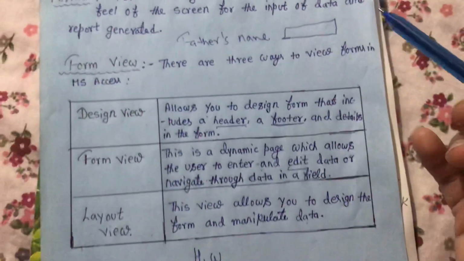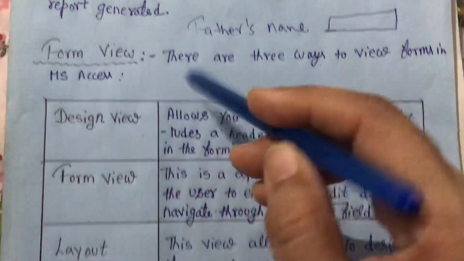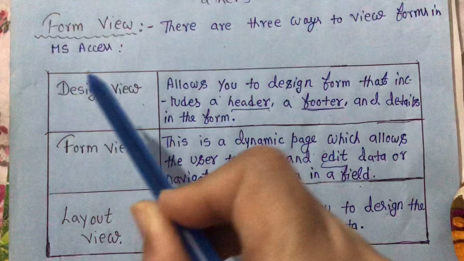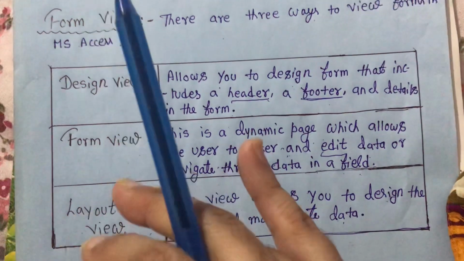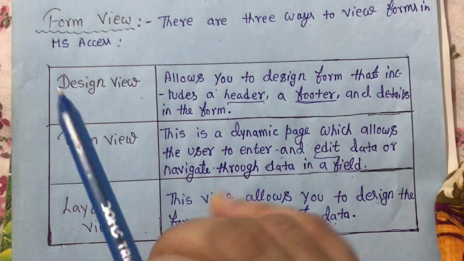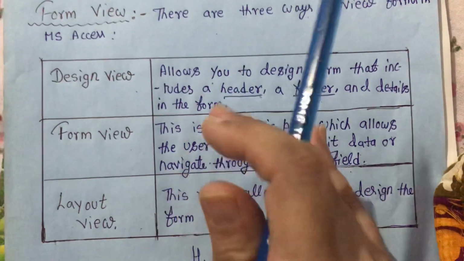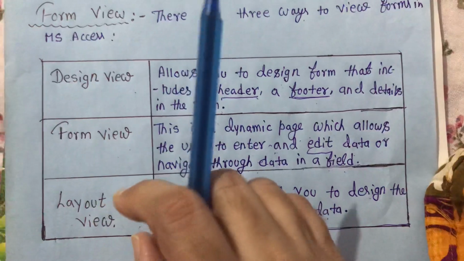We also learned different form views, and I gave you a table to draw as homework. I hope all of you have drawn it in your fair copy on the plain side of the page.